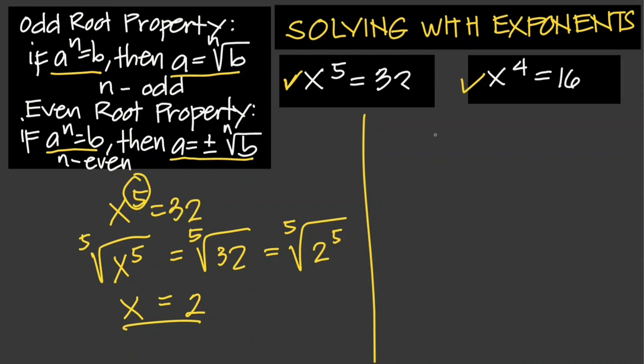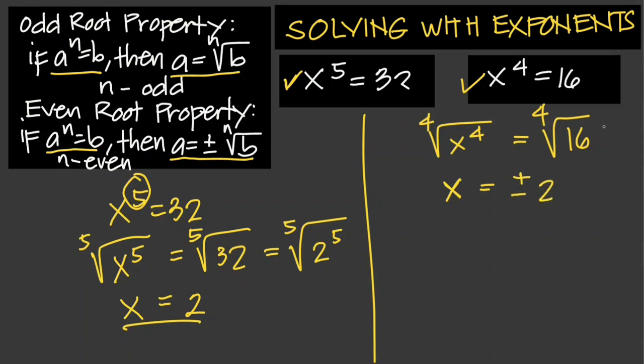We simplify the roots. The 4th root of x to the 4th is equal to the 4th root of 16. So this is just x, and then this is plus or minus 2, because you can write 16 as 2 to the 4th.